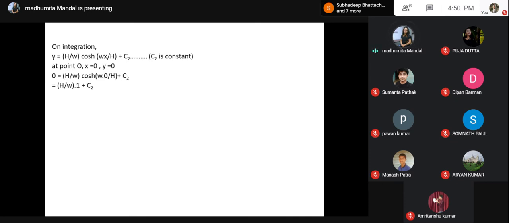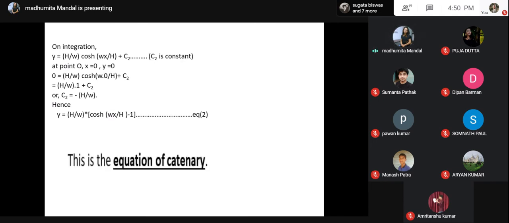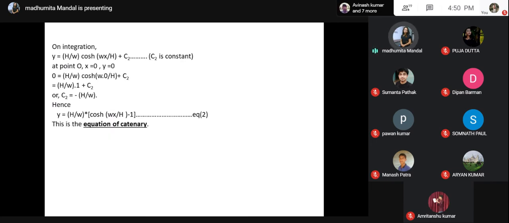So c2 will be equal to minus h by w. So this equation will become y is equal to h by w into cosh omega x by h minus 1. Okay, so this is equation 2. This equation is called the equation of catenary.